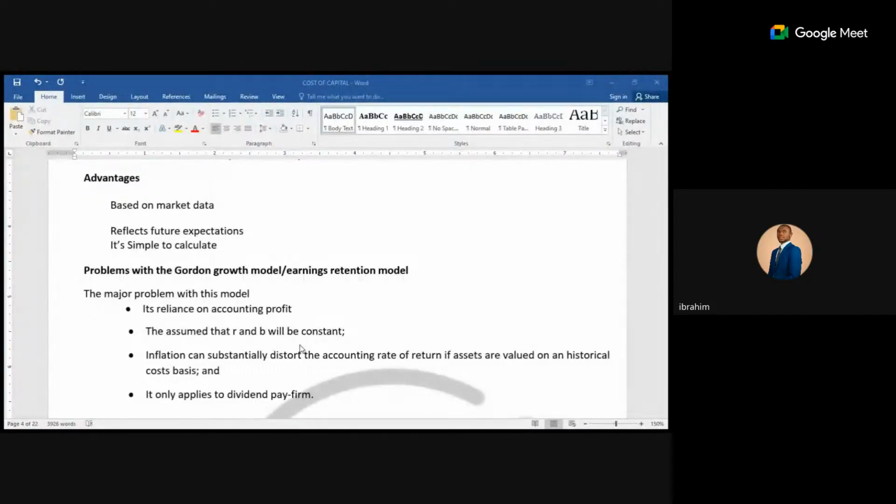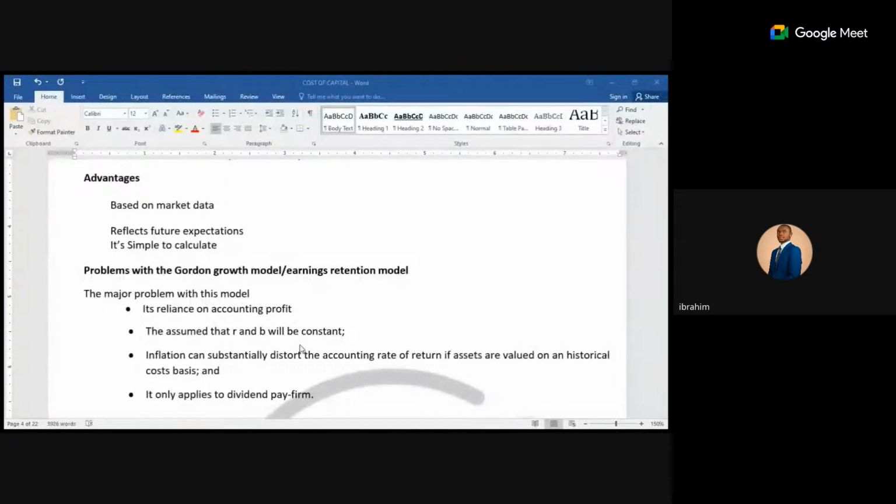Class, Gordon's growth model makes use of historical information. That is why, if you go to Yahoo Finance today or the London Stock Exchange, maybe looking for Apple, you check the dividend paid over the years, maybe 10 years. It is historical. You are using historical information to predict what will happen in the future.